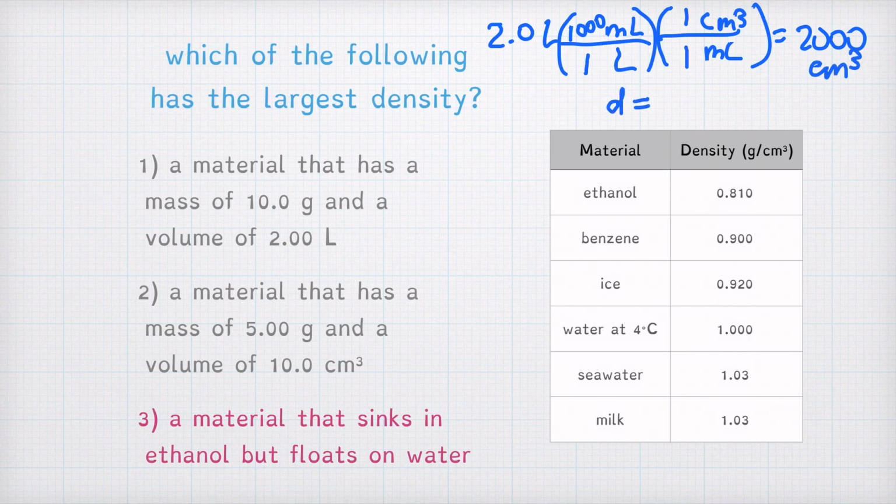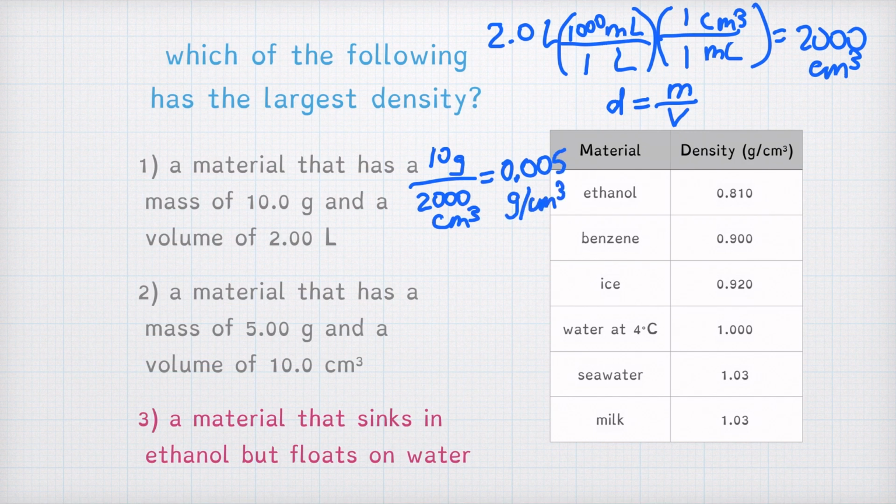And density is equal to mass divided by volume. So for number 1, that would be 10 grams divided by 2,000 cubic centimeters, which is equal to 0.005 grams per cubic centimeter.